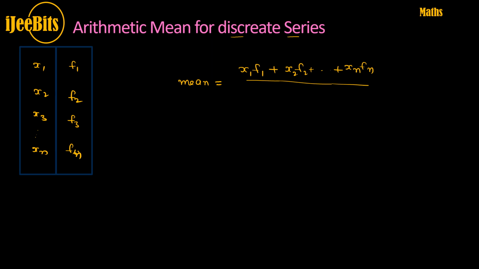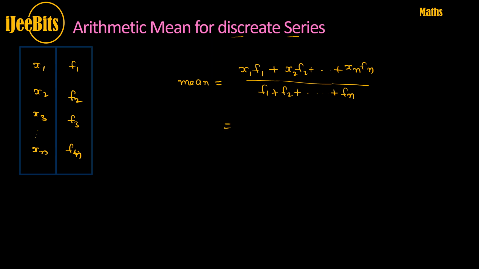What is the number of observations in this case? All the occurrences, so f1 plus f2 plus up to fn, the total frequency, sigma f.